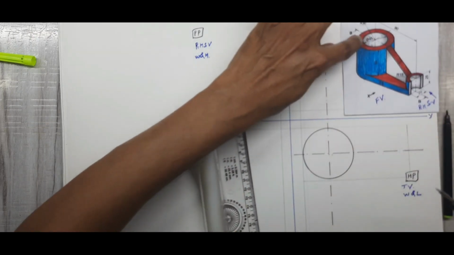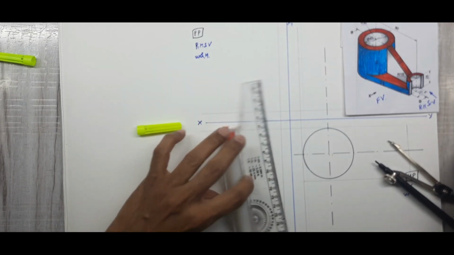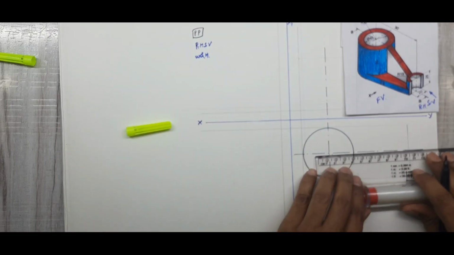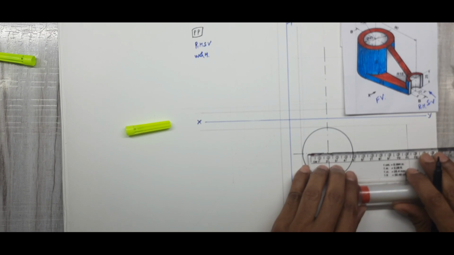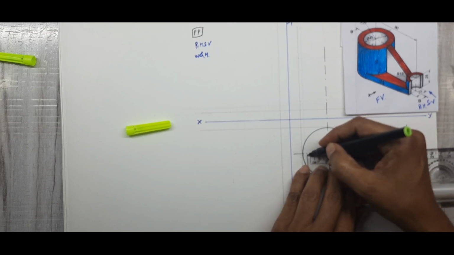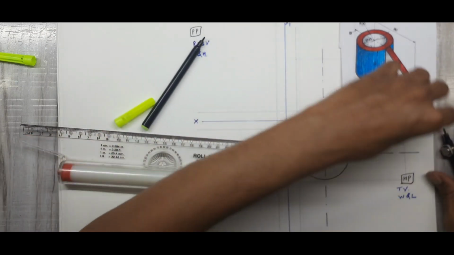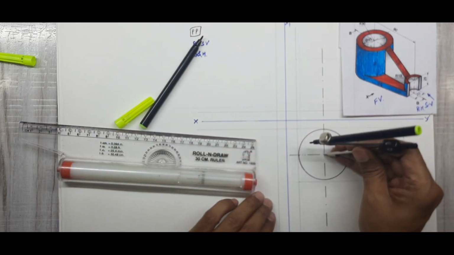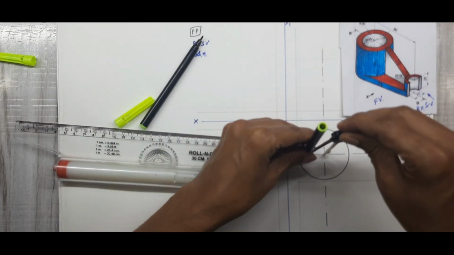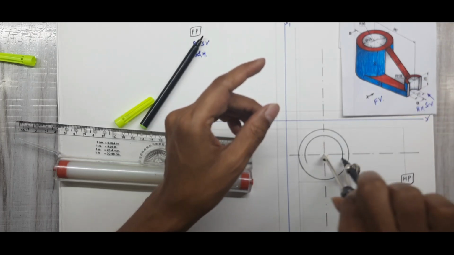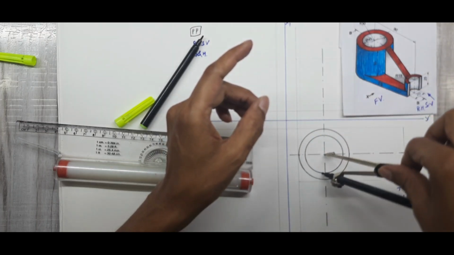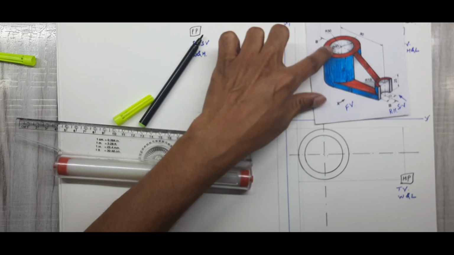Inner circle is 45, means I need a dimension of 22.5. Okay, so this is the 22.5. Then take a rounder and draw another circle. Okay, so this part gets over.